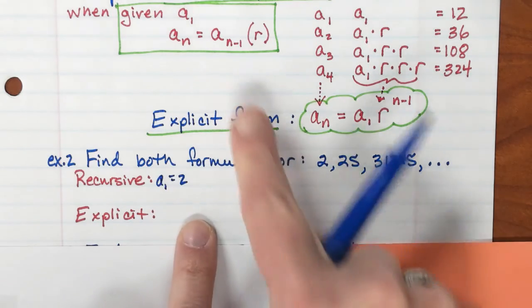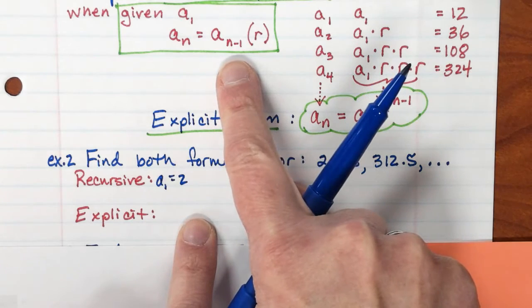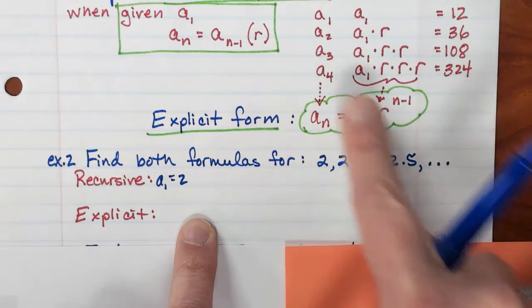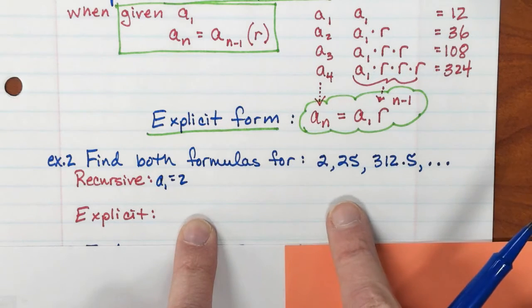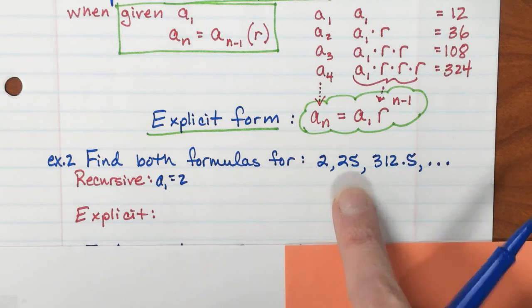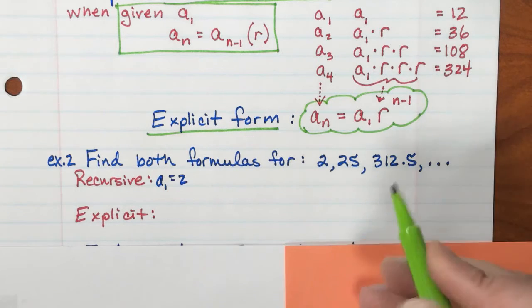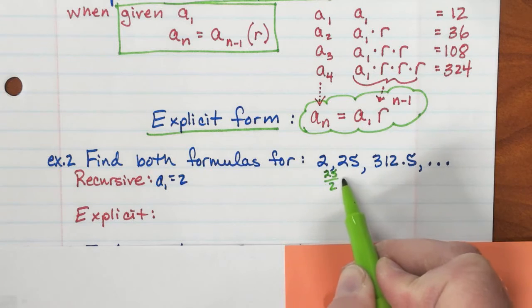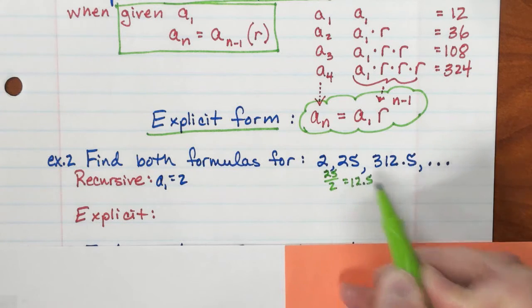The next part, I have to multiply the previous term by r. Well, I don't know what r is yet. I have to calculate that. So we're going to take 25, just like we did in example 1. 25 divided by 2 is 12.5.